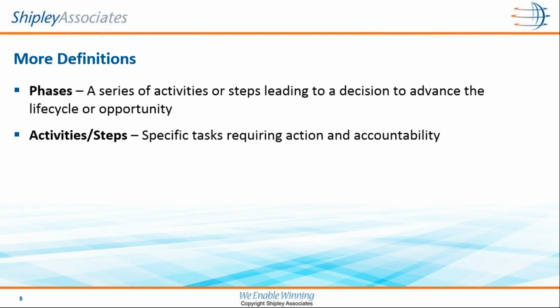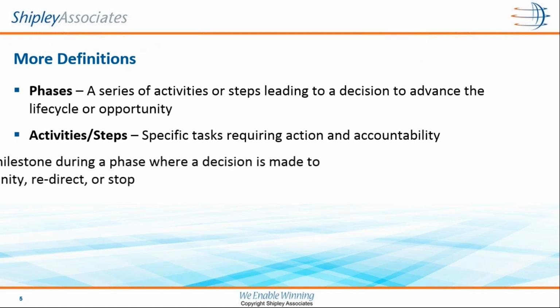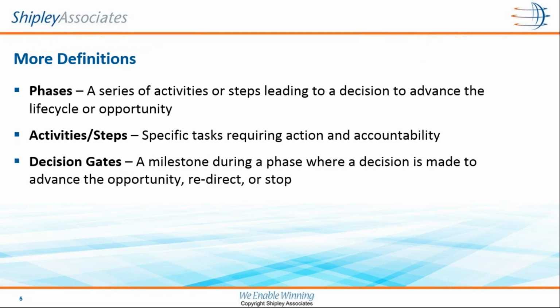So they are steps that require us to assign those activities to an individual person or a team. A decision gate, as we talk through this webinar today, is a milestone during a phase where a decision is made to either advance the opportunity, redirect it, or terminate it, stop it.